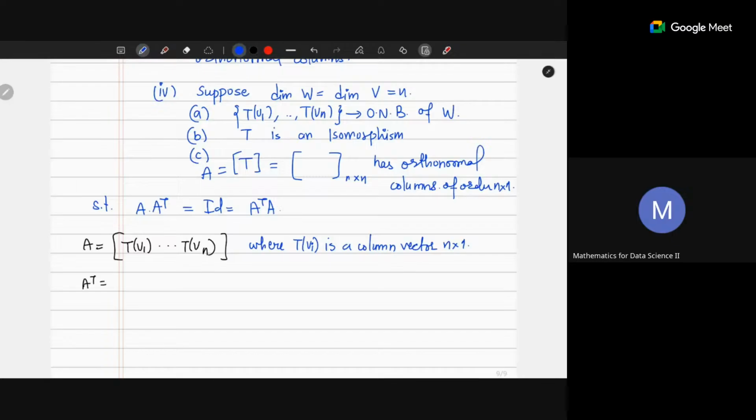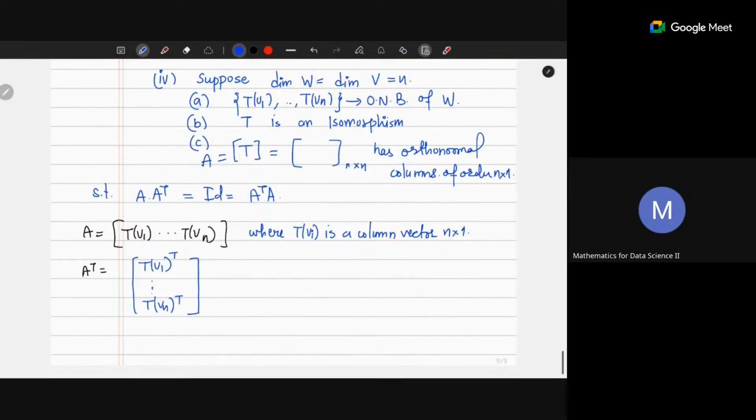A transpose is when each column becomes a row, so Tv1 transpose up to Tvn transpose. This will be your A transpose. Is everyone with me till this point?